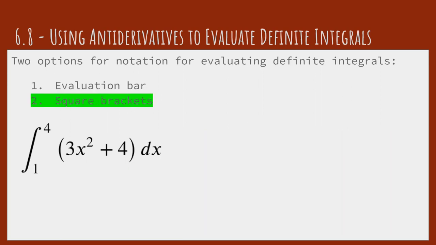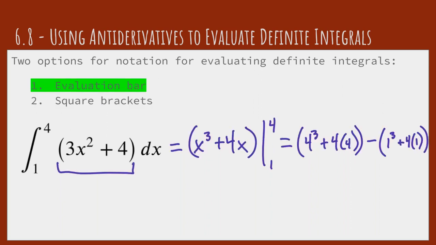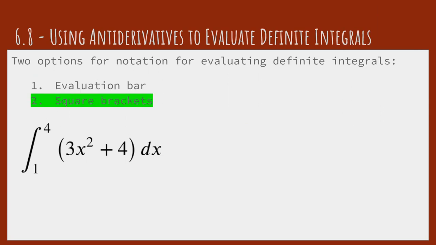The other option is using square brackets. So notice here that I grouped the antiderivative using parentheses, and then I used an evaluation bar. Well, using square brackets as a grouping tool, like this, we can apply those limits directly to the right square bracket and treat it as an evaluation bar.